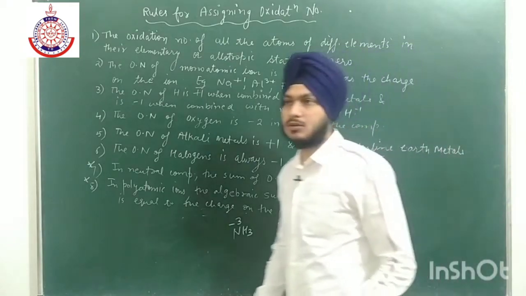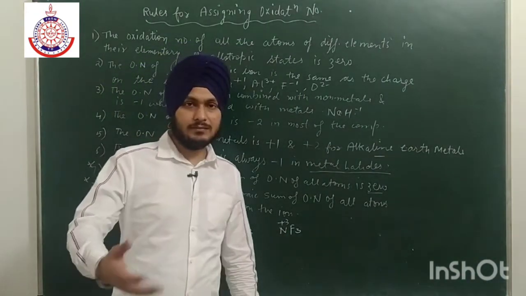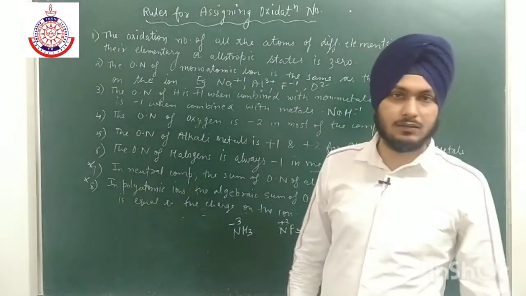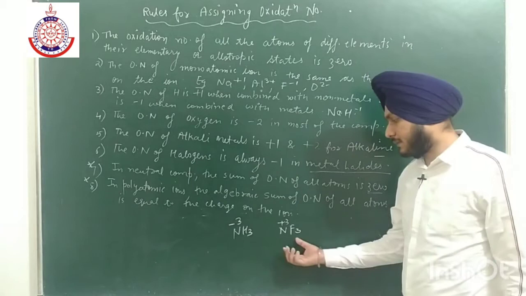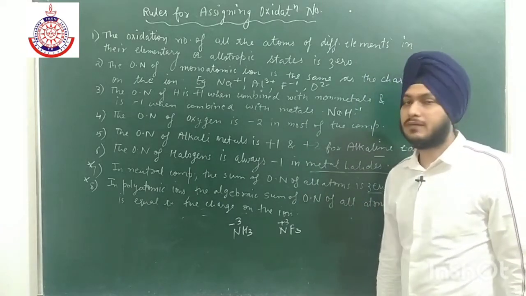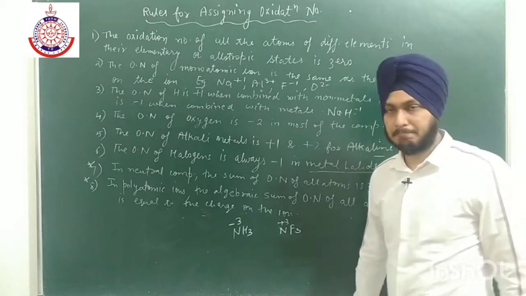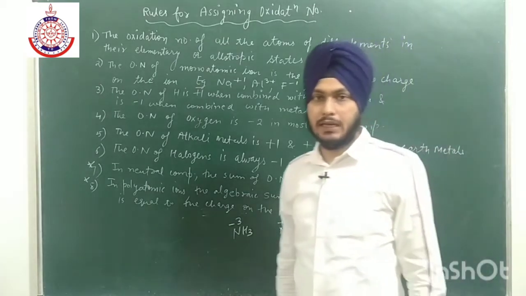But there is no hard and fast rule that nitrogen is always present as -3 or +3. Now these are some common rules, 8 rules.